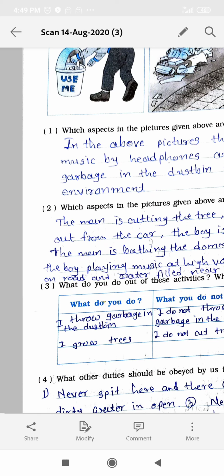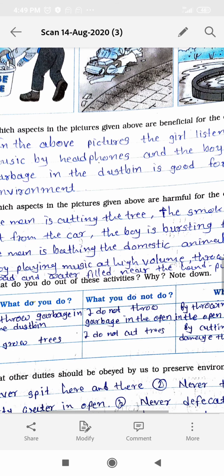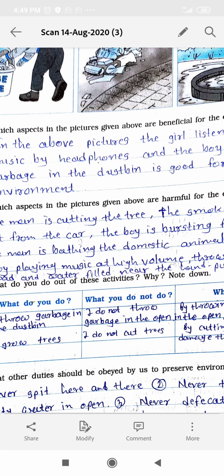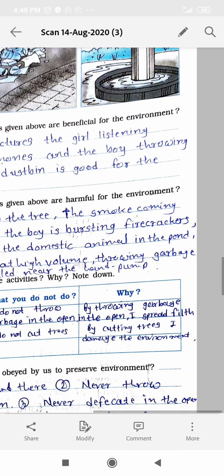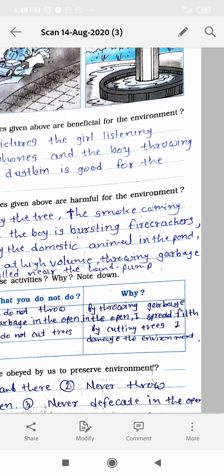Now second activity, what do you do? I grow trees. Then what do you not do? I do not cut trees. And why? Because by cutting trees, I damage the environment.